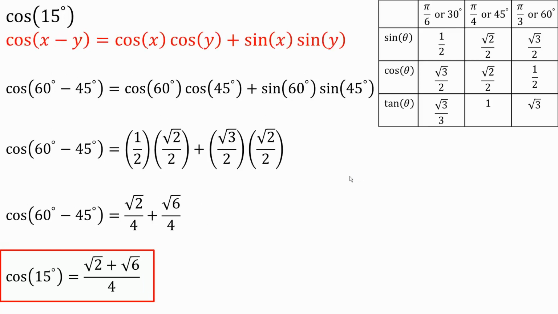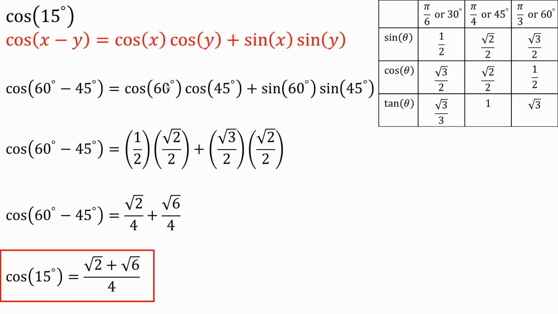And now for these problems. So we don't have 15 degrees in this table, but we have 60 degrees and we have 45 degrees. So I could say cosine (60 - 45), which is 15 degrees. And so we would get cosine 60 cosine 45 plus sine 60 sine 45.